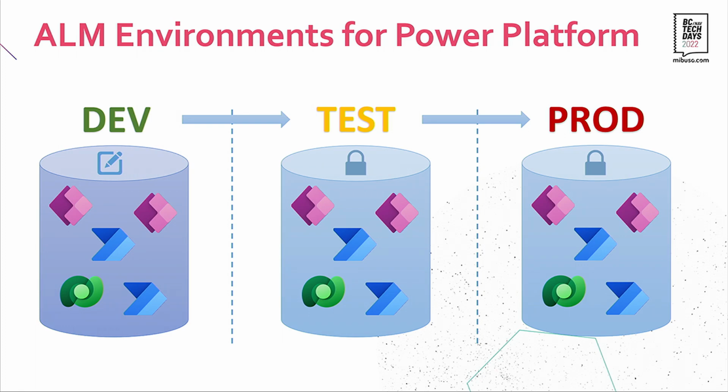I test it with some test data. And furthermore, I ship it to production, where it is used. If I find any problem, I go back to development, fix this problem, and roll out my app again, like we do in Business Central. We don't do anything in production and fix it there. I hope you don't do this.